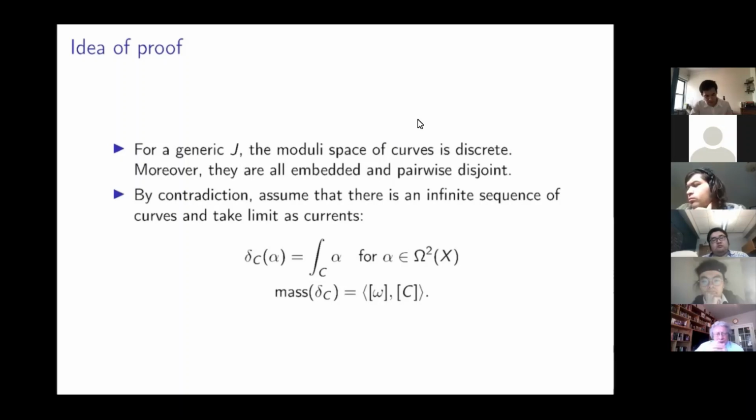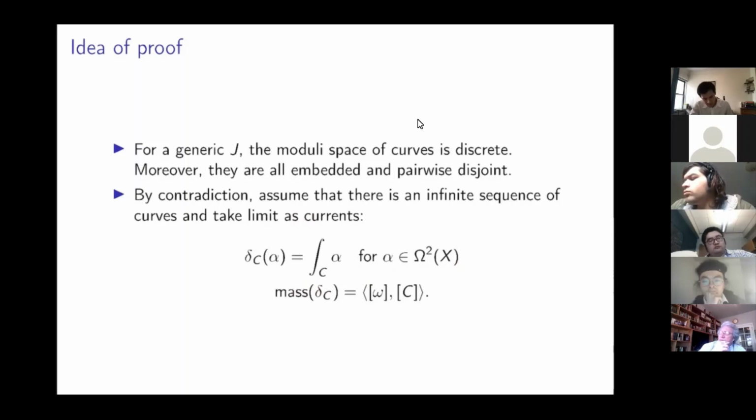Let's now focus on the first part of the theorem, which said that for a generic J there are finitely many curves. Assume by contradiction that there is an infinite sequence of curves in the same homology class. Again, I do not care about the genus of these curves. For every curve, I can define the current, which is given just by integration of 2-forms over the curve.